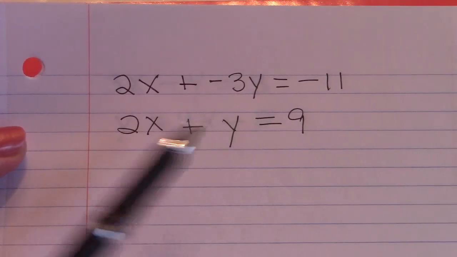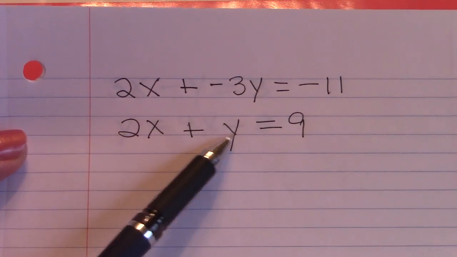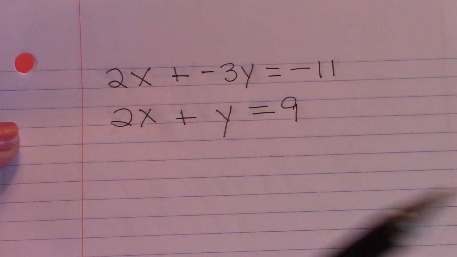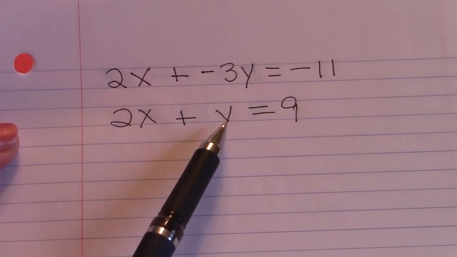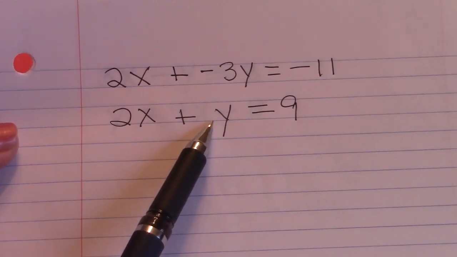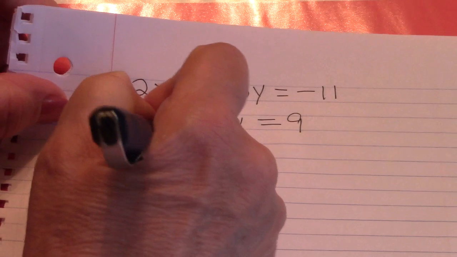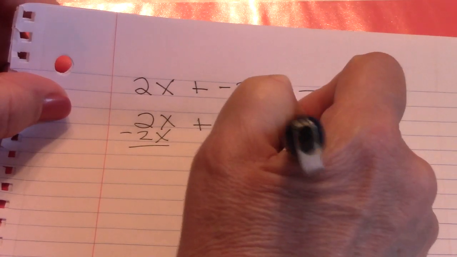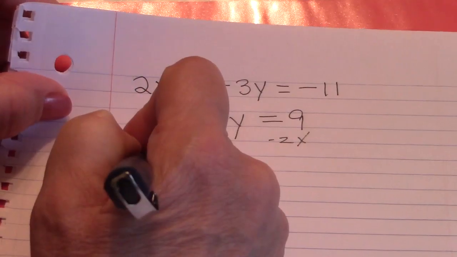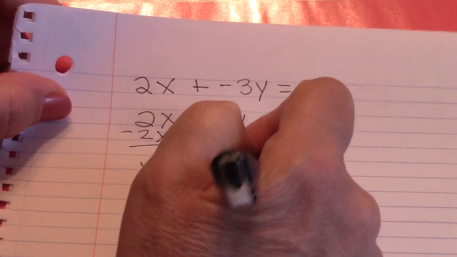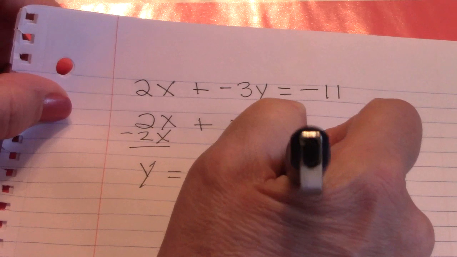So I'm going to do a little work, and I'm going to pick this equation because the y already doesn't have a coefficient, of course, other than 1, but that's cool. The assumed 1 is not a problem. So I'm going to take this equation and solve for y. So I'm going to subtract 2x from both sides, and I'm going to get y equals a negative 2x plus 9.